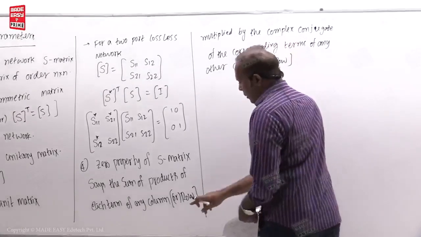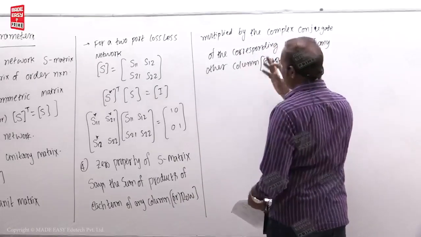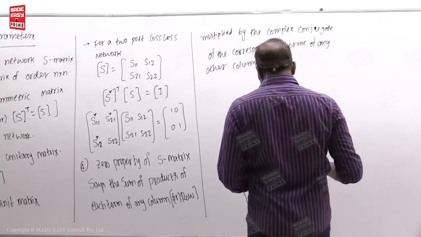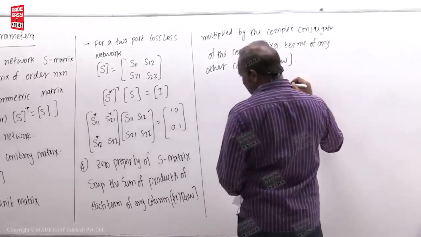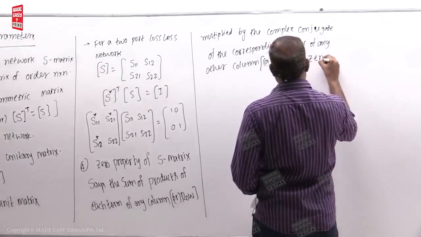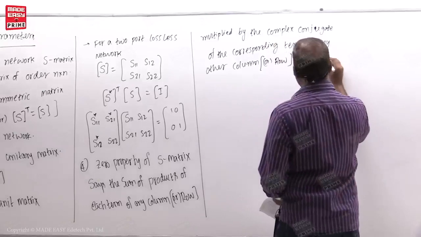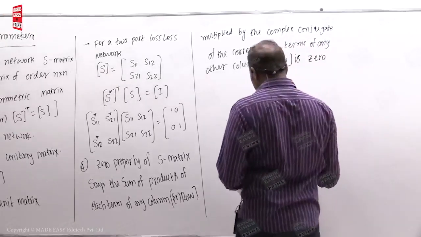Simply in place of column here put row, then again the statement is valid. That means the sum is 0, student, sum is 0. So that is why it is called zero property. Okay. Now let us take an example.